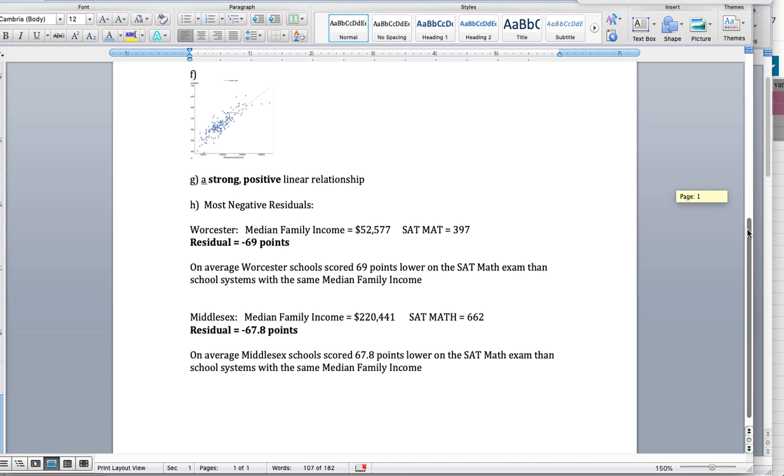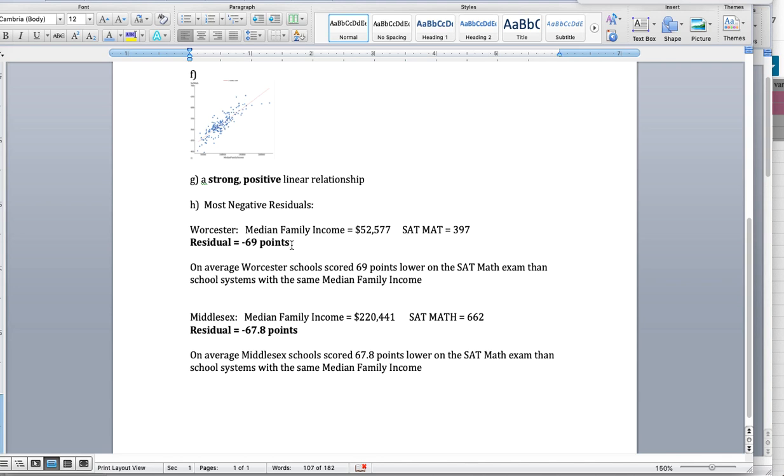So let's do a little interpretation. The two most negative residuals are Worcester, with a median family income of $52,577, which is on the low side, with a very low math SAT score of 397.